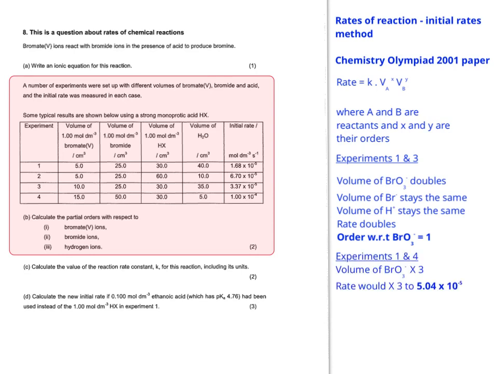So looking at experiments 1 and 4 for bromide ions, the volume of BrO3 minus would be tripled from 5 to 15. That would increase the rate times 3 to 5.04 times 10 to the minus 5.